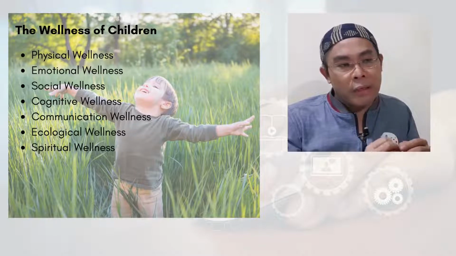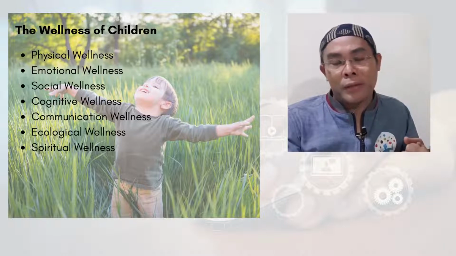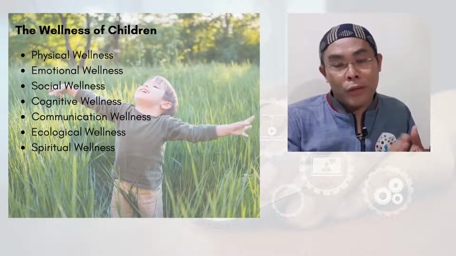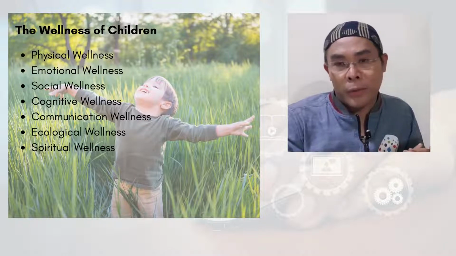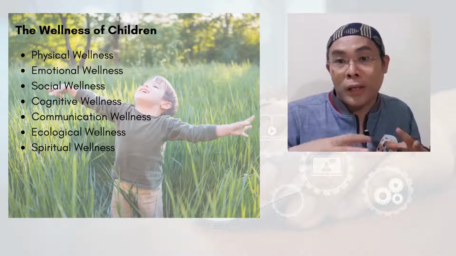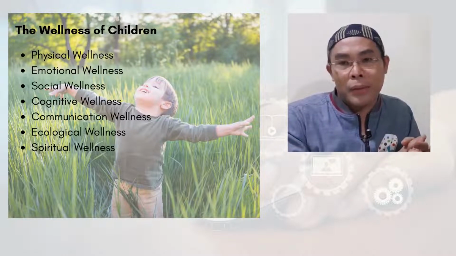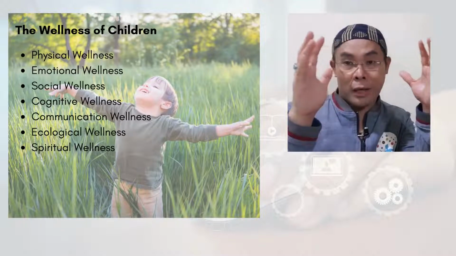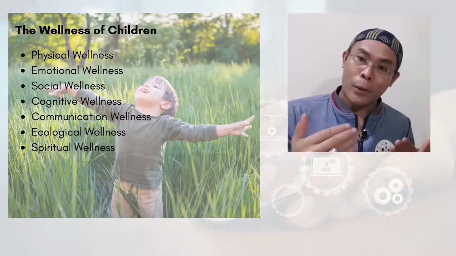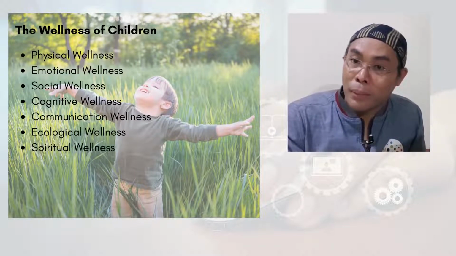We have the physical wellness, the social wellness, the emotional wellness, the cognitive wellness, the communication wellness, the ecological wellness, and the spiritual wellness. I will not elaborate more on this. I will have a separate video on this. But what I'm trying to emphasize here is that you have to look at the life of a child as a whole when you're organizing online learning in the midst of a pandemic.